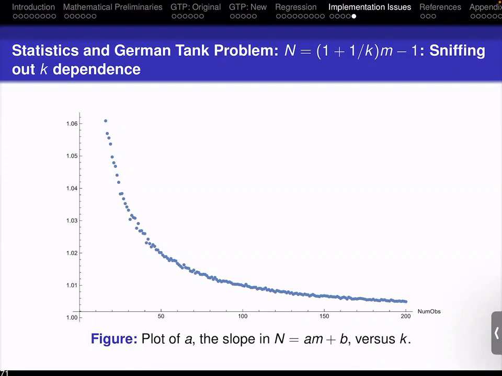What can you tell me about a? So I'm writing n as am plus b. What must be true about a? It's greater than or equal to 1. If you look at the y-axis, what do you notice about the y-axis? It starts at 1. So a lot of people can play with charts to make you think that there are huge differences when they're not, depending on how you label things.